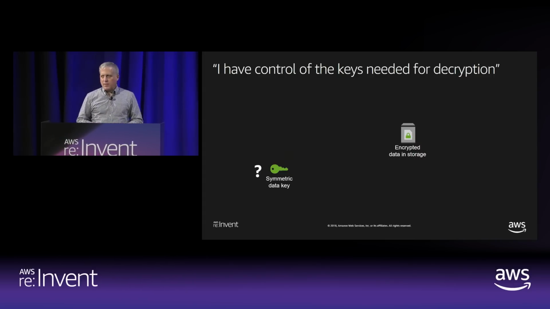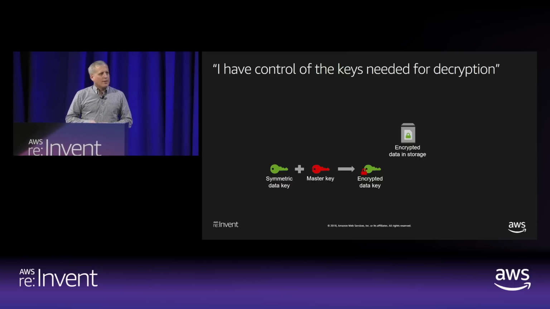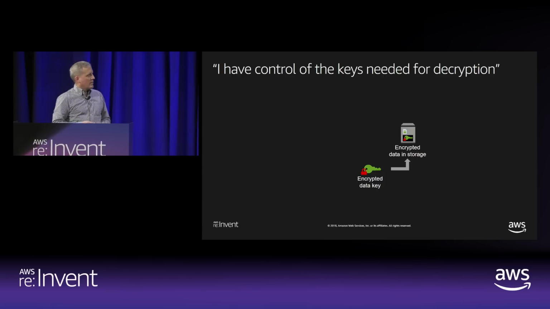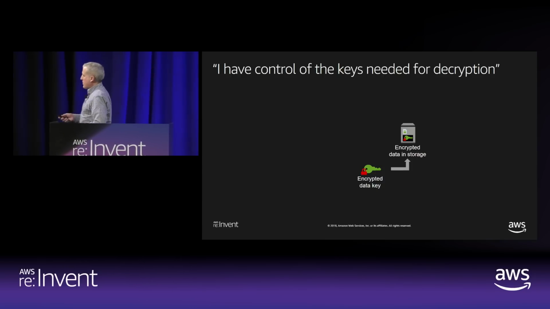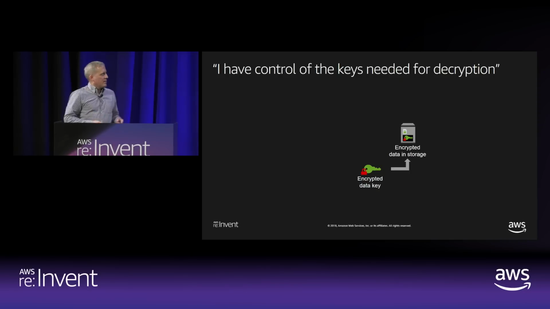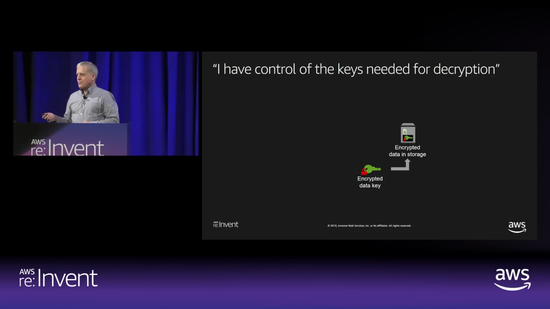The best practice in the industry is to protect this key the way you protected your original piece of data, which is to encrypt it. So now I can put the data key required to decrypt the data right next to my encrypted data, two pieces of ciphertext. They share the same durability properties, and I don't have to worry about anybody who has access to that server host being able to decrypt my data. Problem solved, right?